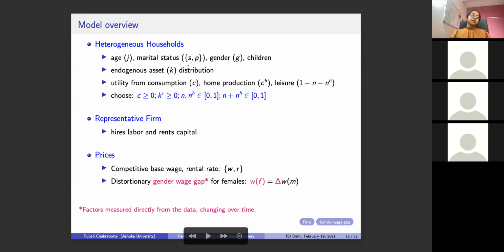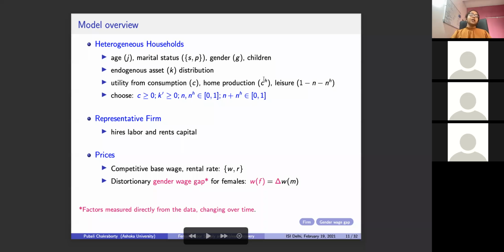Households derive utility from market consumption, from home production, which is synonymous with childcare in my framework, and leisure. Households decide how much to consume, how much to save, how much labor each individual is going to supply to the market, and how much labor is to be supplied at home, which essentially gives rise to this childcare.